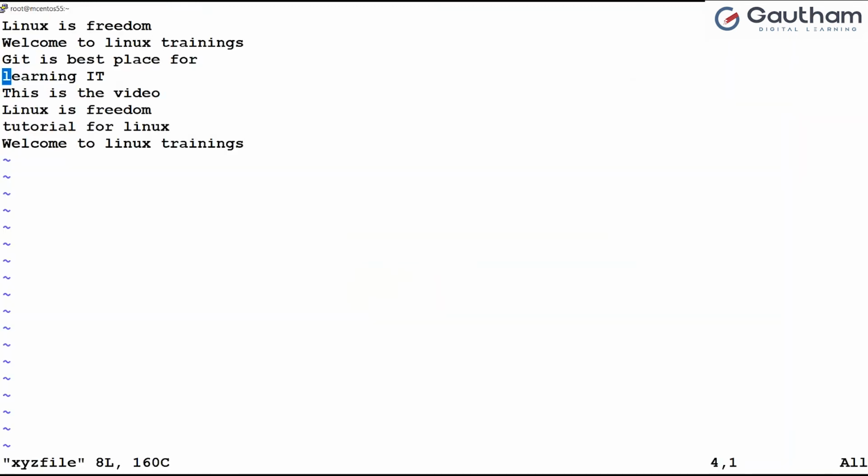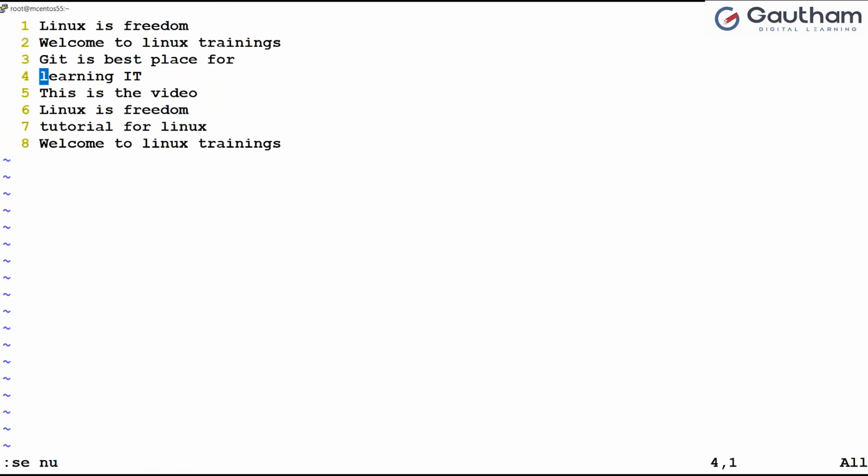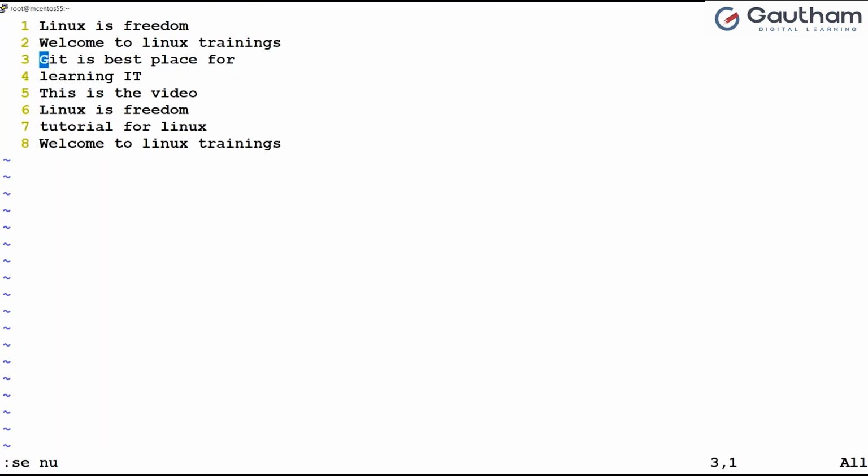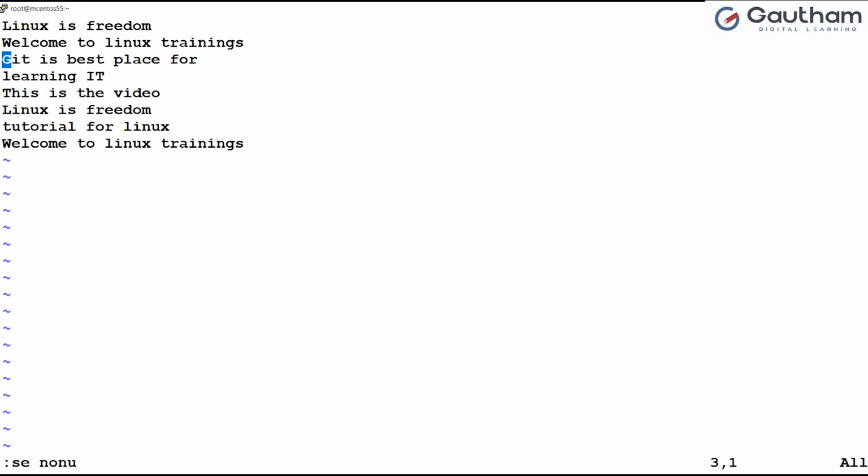If I say colon SE space NU, you see line numbers have been assigned. To remove the line numbers, SE no NU, this will remove them. So to set the line numbers, colon SE NU. To remove the line numbers, SE no NU. Now let us say that I have set the line numbers.